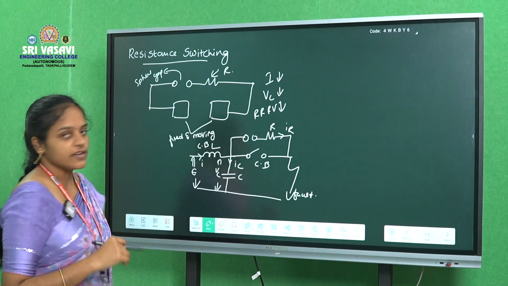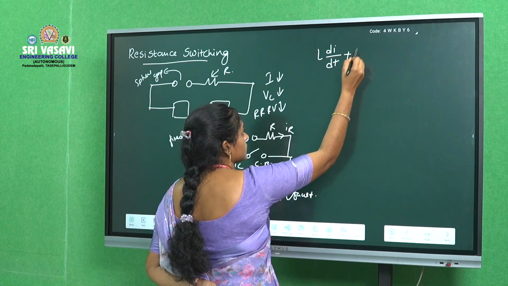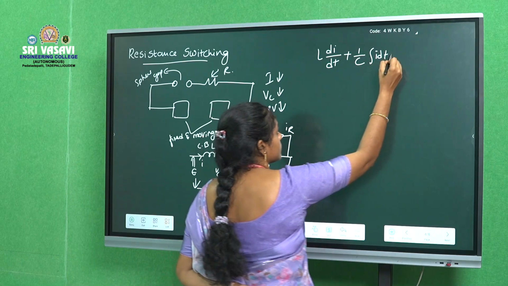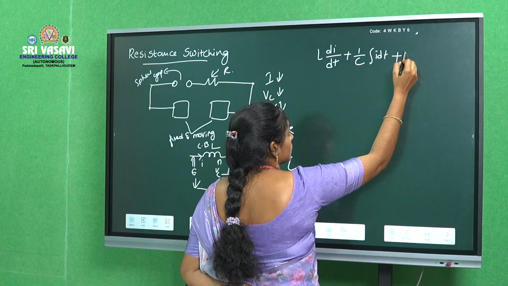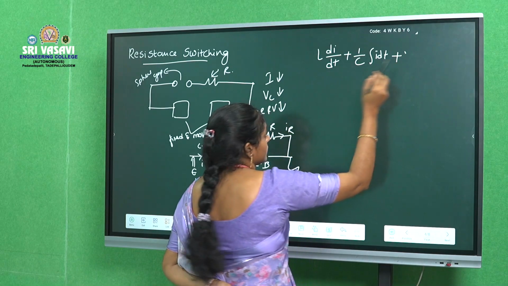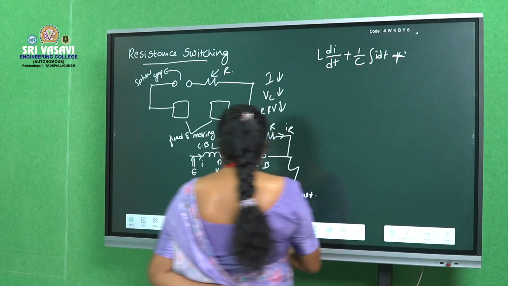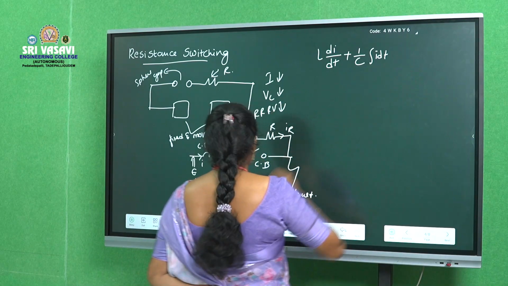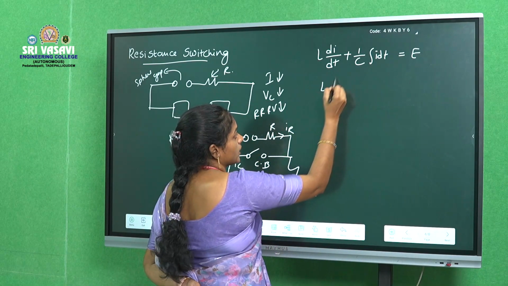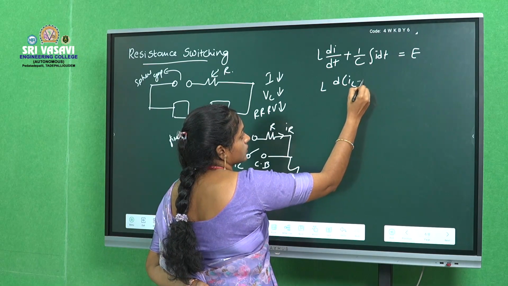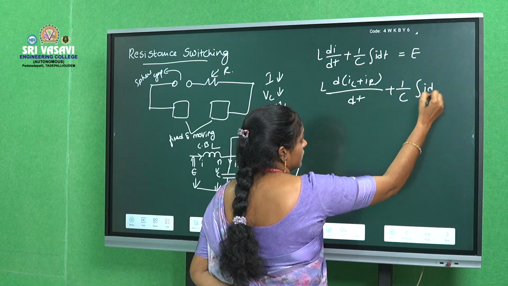By applying KVL to this equivalent circuit, we will get L into di by dt plus R plus 1 by C integral I dt equal to E. Here I is split into two currents, so L into d(IC plus IR) by dt plus 1 by C integral I dt.